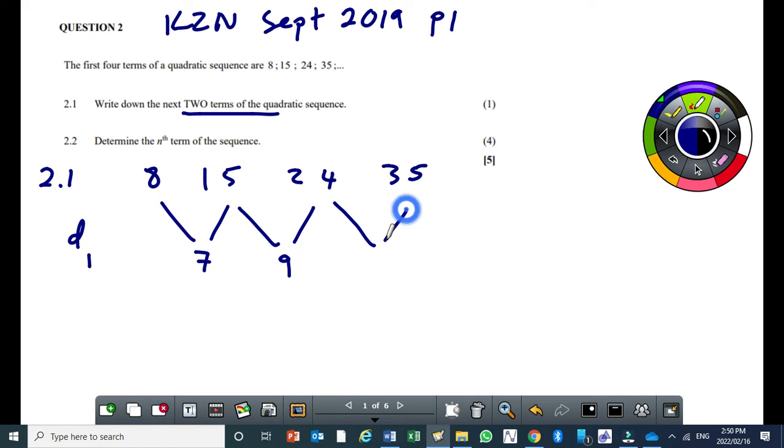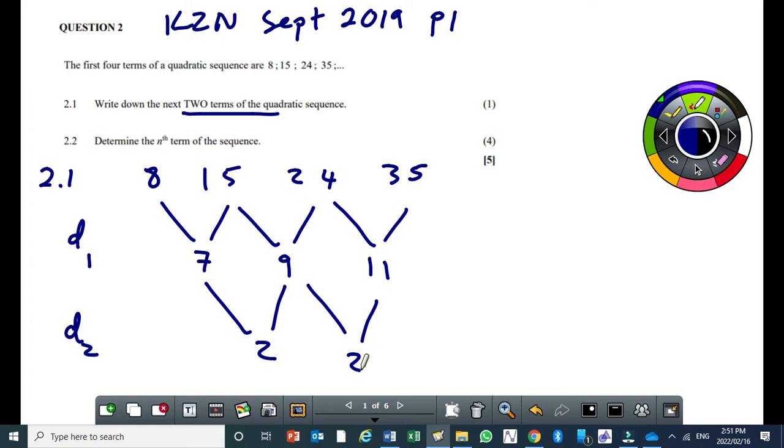Calculate the first differences. Those are the first differences. Then your second differences. Well, in this case, you don't need the second differences, but I'm going to just carry on because I'm going to need the second differences for 2.2. Okay, for 2.2, you are going to need the second differences. So the second differences are going to be 2 throughout.